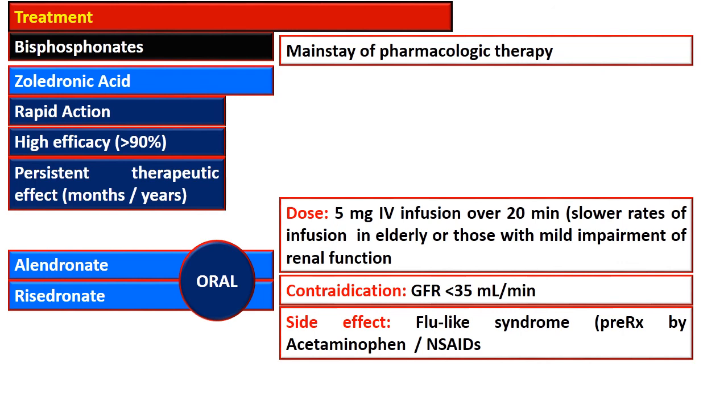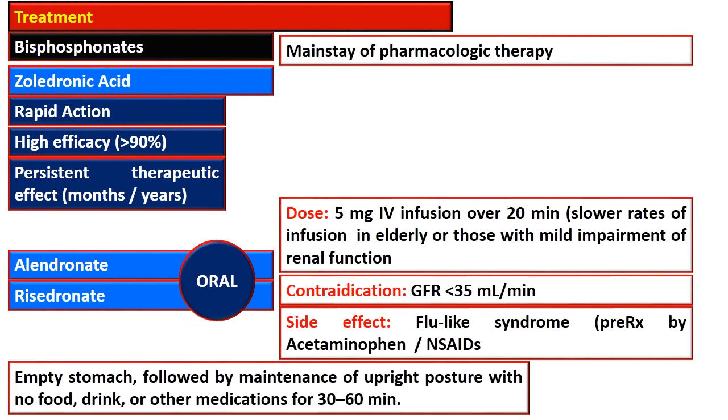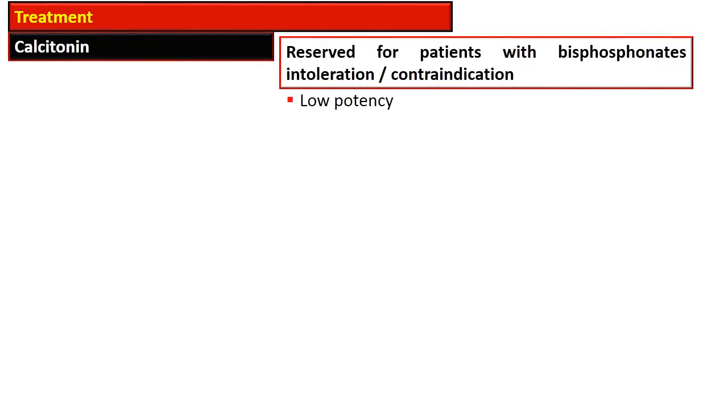The oral bisphosphonates are alendronate and risedronate, and these are reserved for mild disease and people who have renal impairment. They should be taken on an empty stomach, followed by maintenance of upright posture with no food, drink or other medication for the next hour. Calcitonin is reserved for people with bisphosphonate intolerance or contraindication.